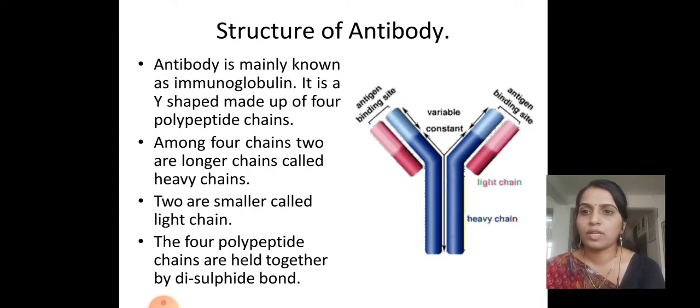The 4 polypeptide chains are held together by disulfide bonds. So this disulfide bond is holding both heavy and light chains of the antibody together, so that the Y-shaped structure, which you can observe in the diagram, remains in the same shape and with the same structure.